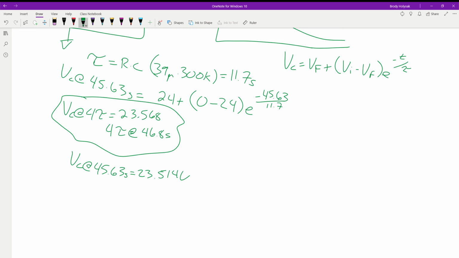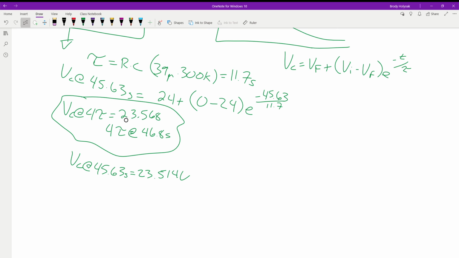Okay, there we go. I still had the 14 stuck in my head from previous. So, our answer, does it make sense? Yes, because it should be slightly less than what we are at 4 tau. So it gives us a check and balance with these percentages.